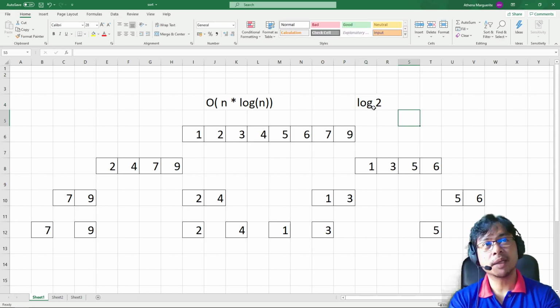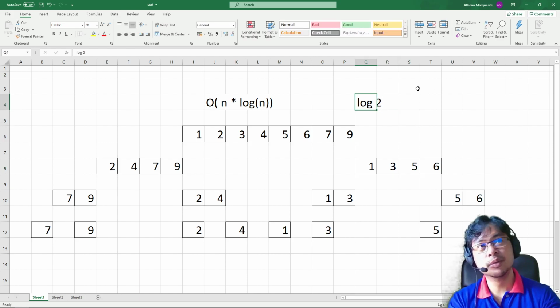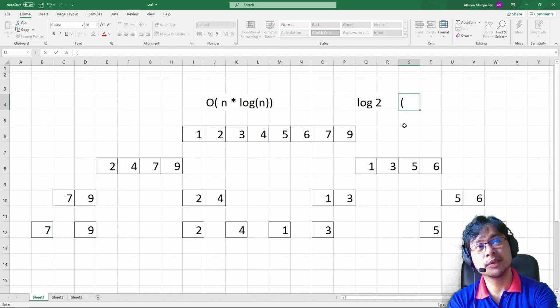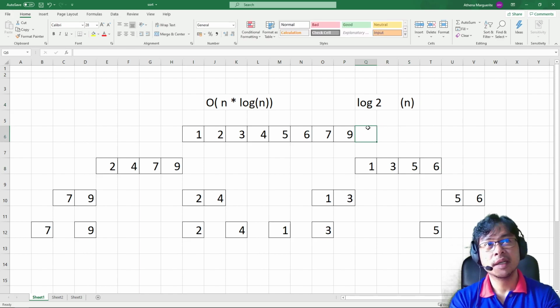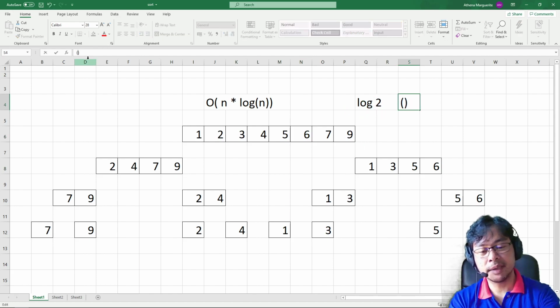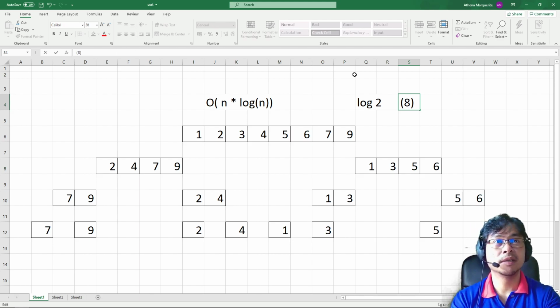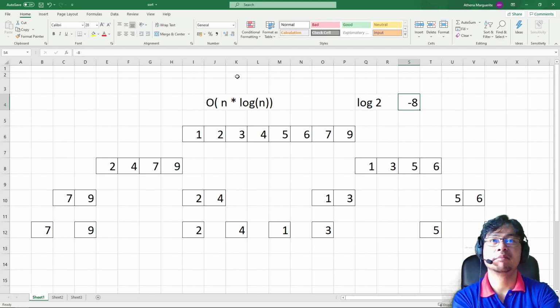When we talk about log base 2 of n, let's say for example, how many elements is this? If this is an 8 element array, then it's log of 8.